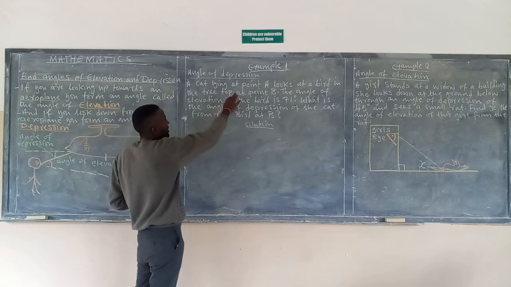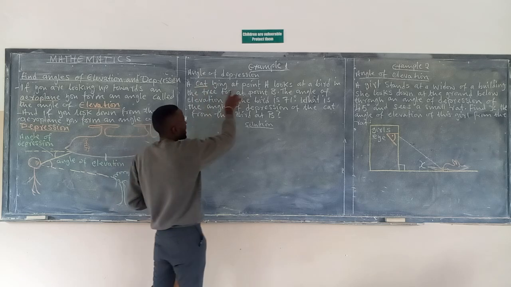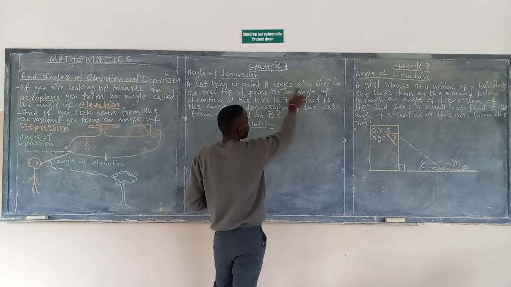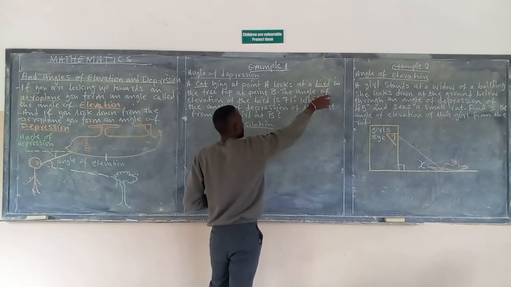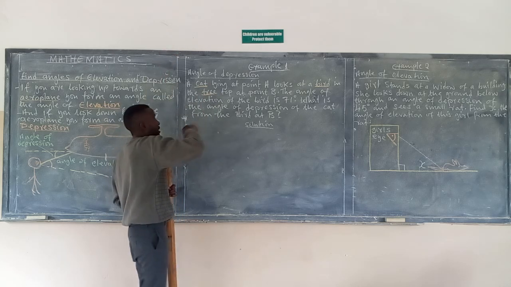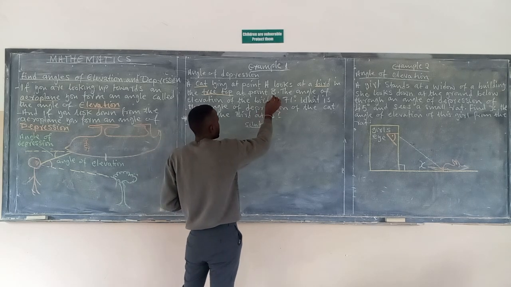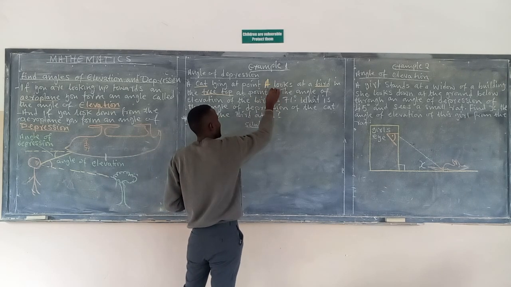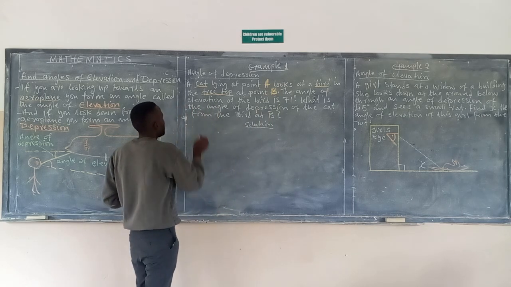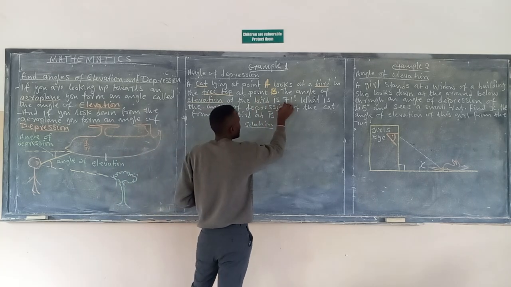A cat is lying at point A. This cat looks at a bird in the tree top at point B. So we have point A where the cat is and point B where the bird is. The angle of elevation of the bird is 71.